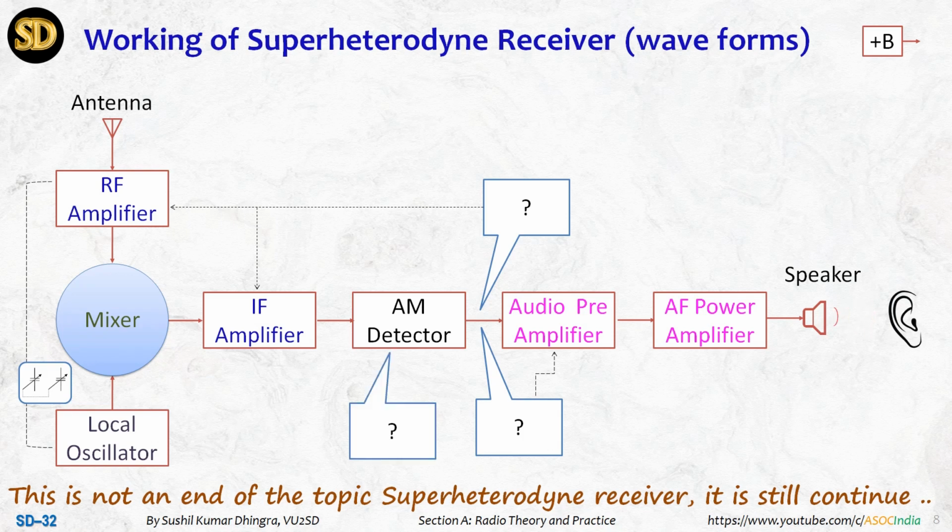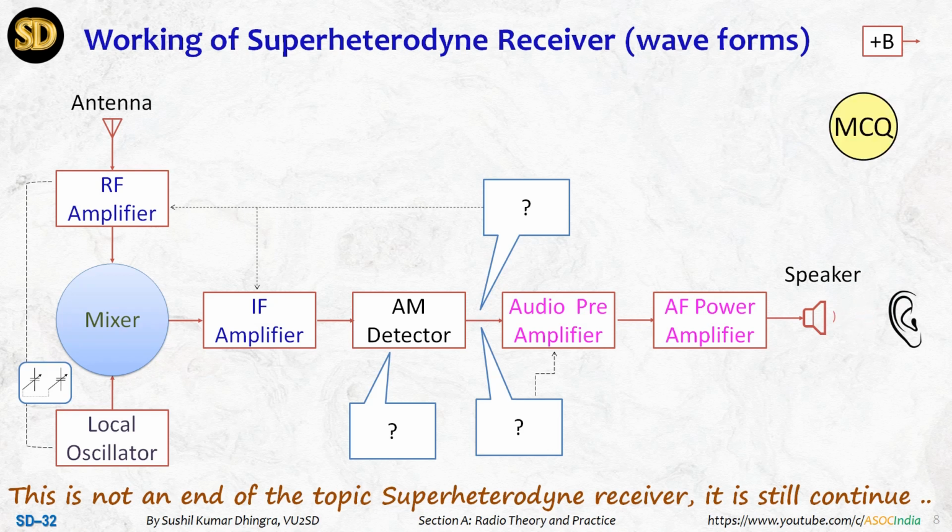And the detector, the demodulator, is itself a complicated topic, because you have AM, FM, SSB, and in PSK, BPSK, FSK, so many modes are there. So this one is an independent, big separate issue, and you have to learn everything. Some part I will cover in the next part.